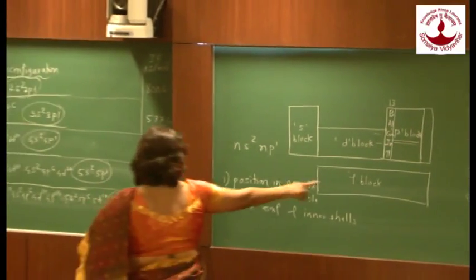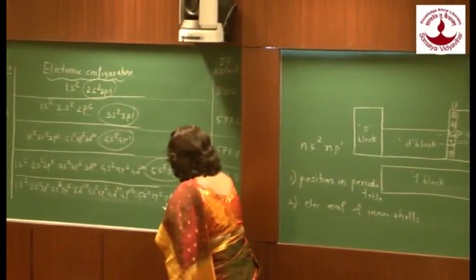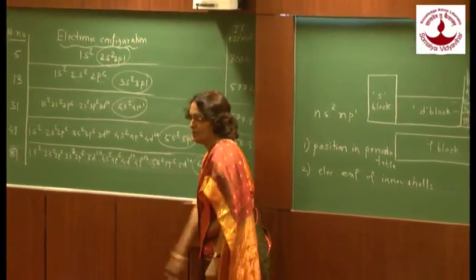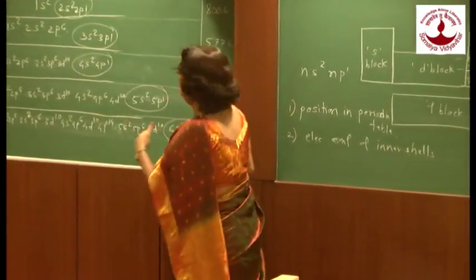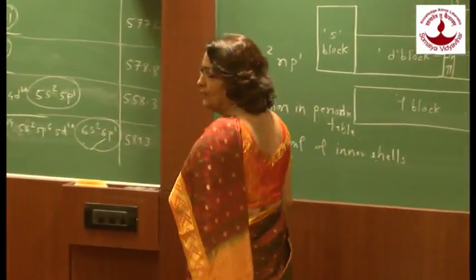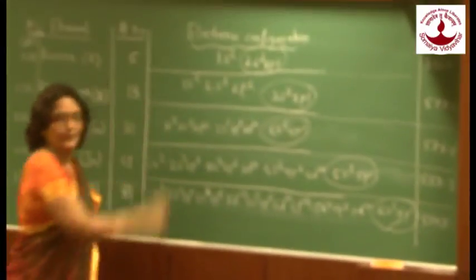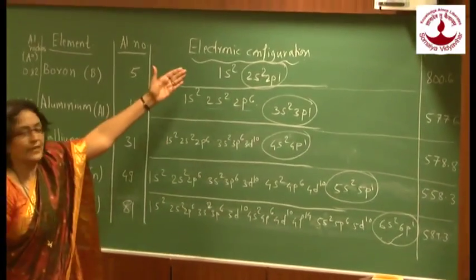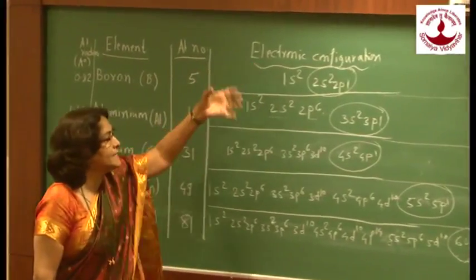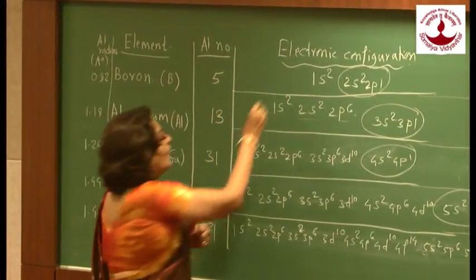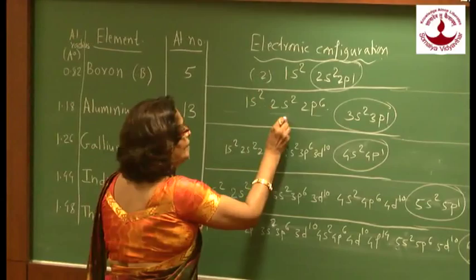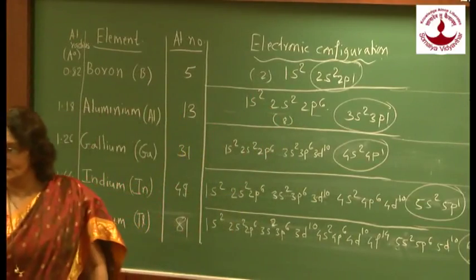Thallium has d and then 4f subshell. So this position in the periodic table is important. At the same time, boron and aluminium have an inert gas configuration of either 2 or 8 electrons in the inner shell.